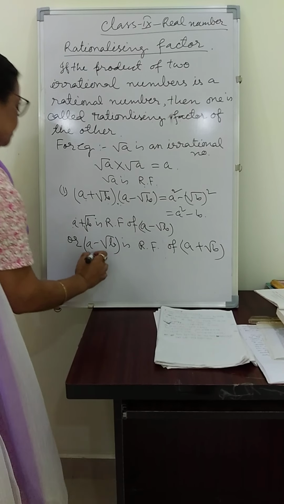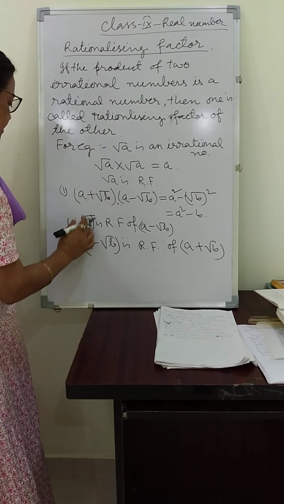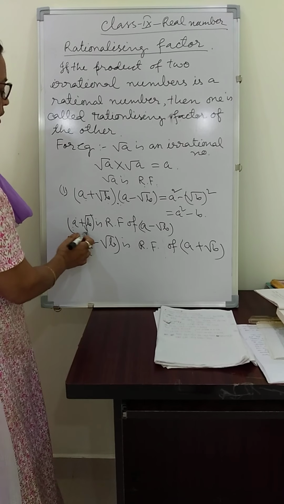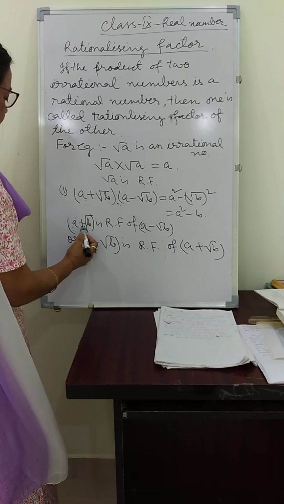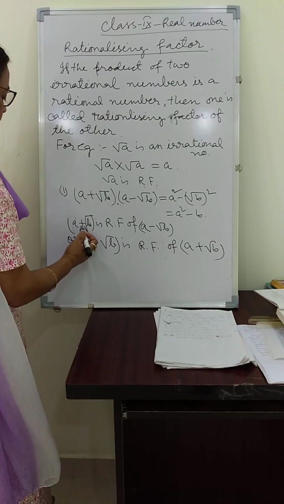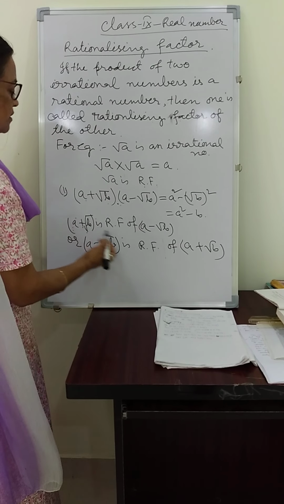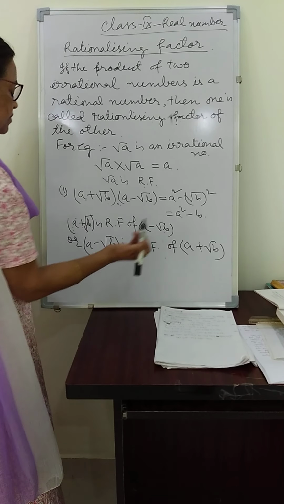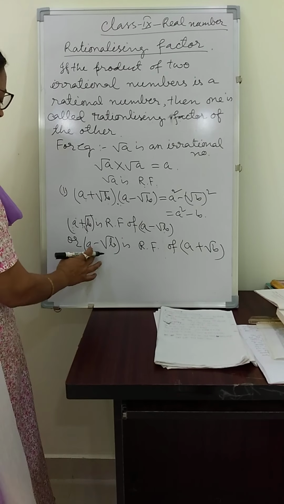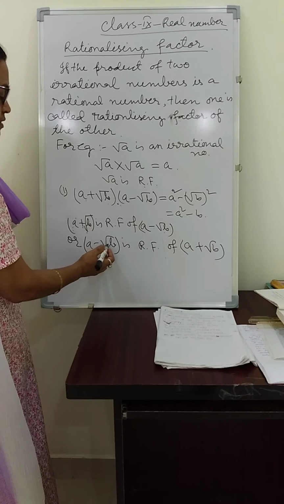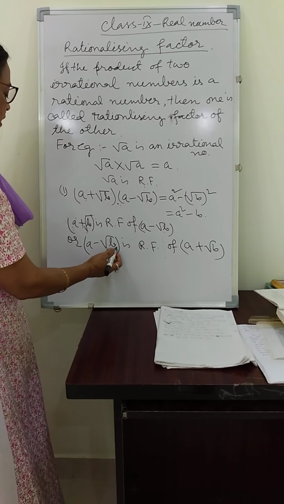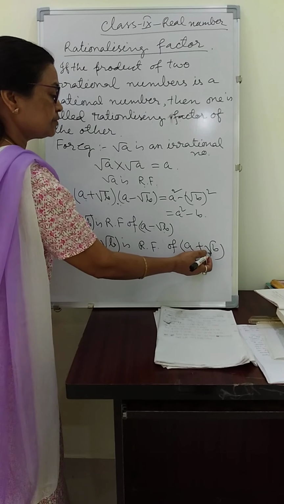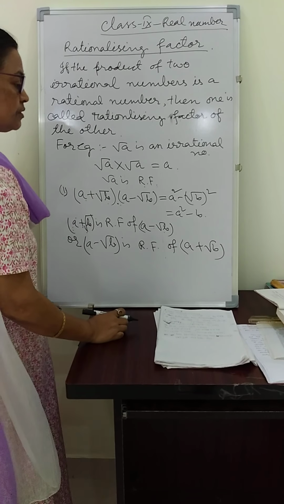Remember, if there is a plus sign, then RF will be what? Just different in sign. Here the plus sign is there, here the minus sign. So a minus square root of b. Or if you are given a minus square root of b, then its RF will be a plus square root of b, and so on.